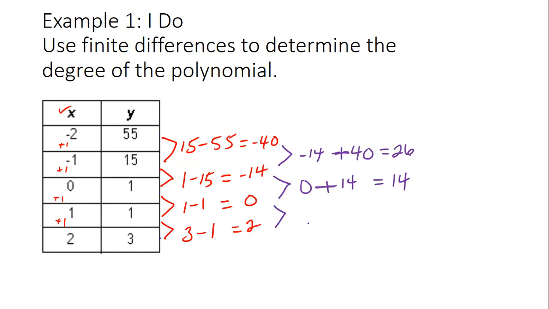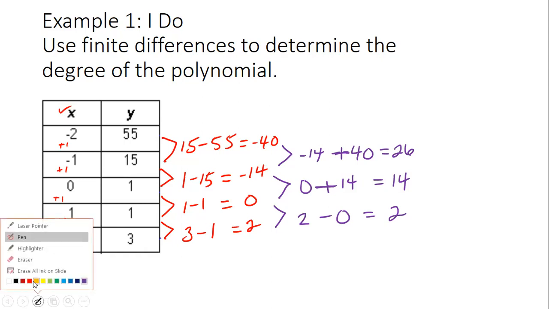Then we have 2 minus 0, which is 2. When you subtract a negative, that means you're adding a positive. So it's 0 plus 14. Minus a negative is the same thing as adding a positive, because PEMDAS says we have to multiply before we add or subtract.